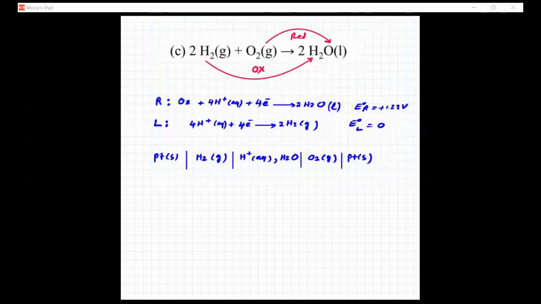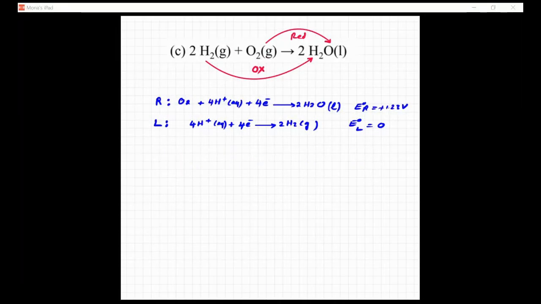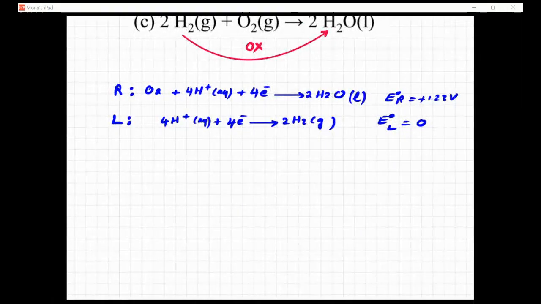So that is easy. We just need E cell, again: standard E right, 1.23, minus 0, which is equal to plus 1.23 volt. So that is going to be the answer to the question.